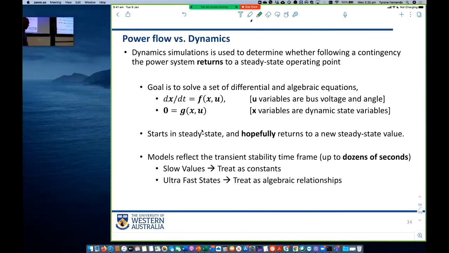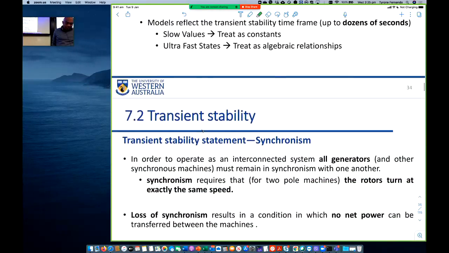Now when the system changes, the network topology changes, or the load changes, or generation changes, then dx/dt will no longer be 0, at least for some time during the transient period, and those variables settle at a new place, a new operating point, right?